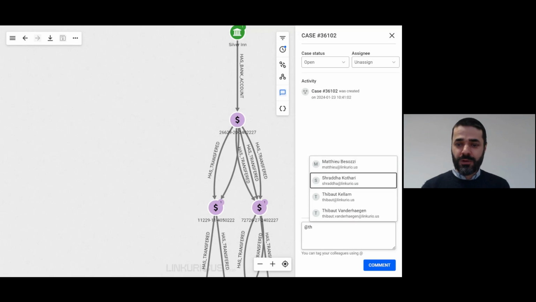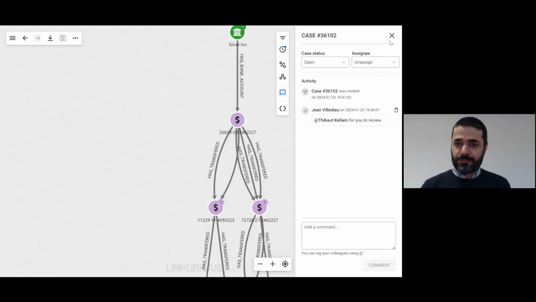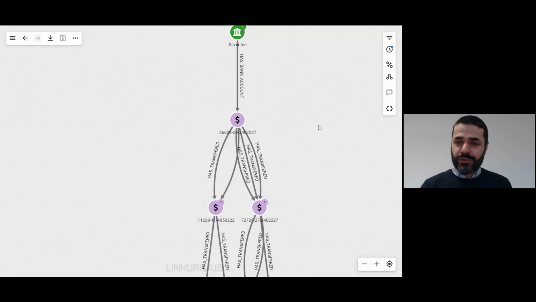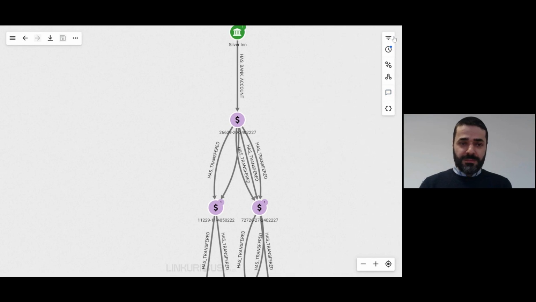So maybe I want Thibaut to know that I've uncovered something. So I'm going to go ahead and do that, typing a note. And I can also, of course, change the status of the case. Put it in confirmed, dismissed, based on what has been encoded.